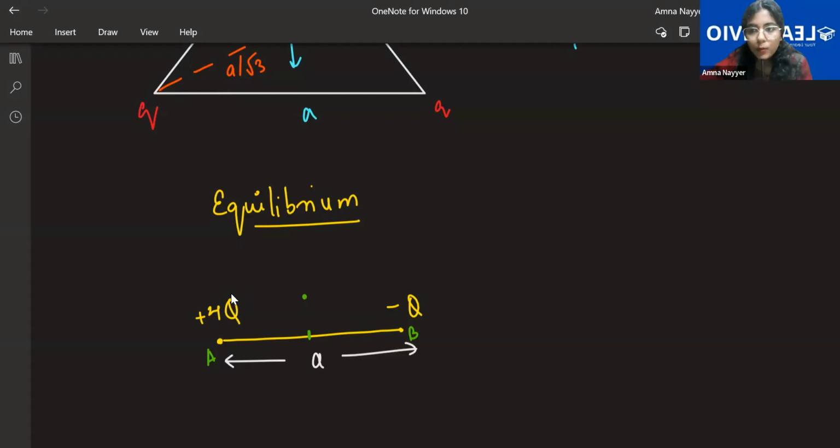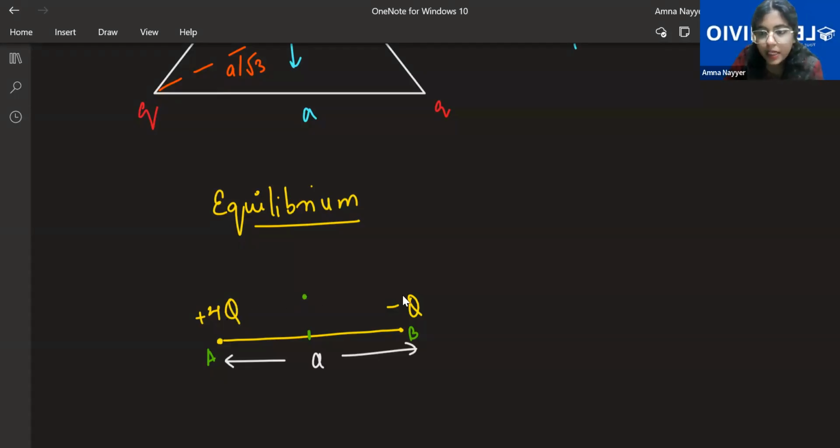Due to this plus 4q charge, where will be the direction of electric field?